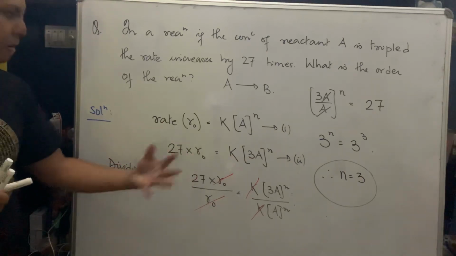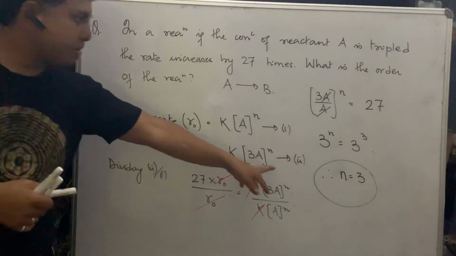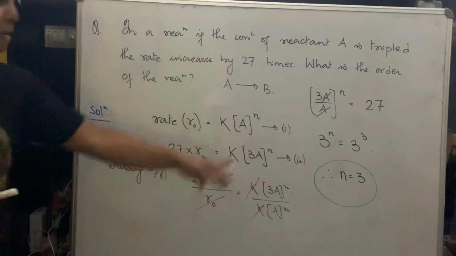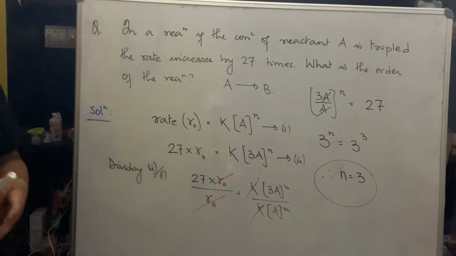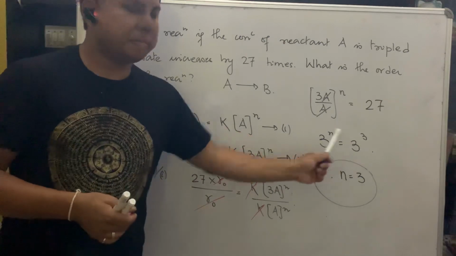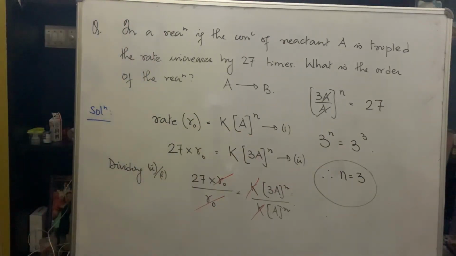Now simple mathematical calculations: I divide equation 2 by equation 1, though you can divide 1 by 2 as well. I made the bases equal, and when the bases are equal, the powers should be equal. So the value of n is equal to 3, which means we are talking about a third order reaction.